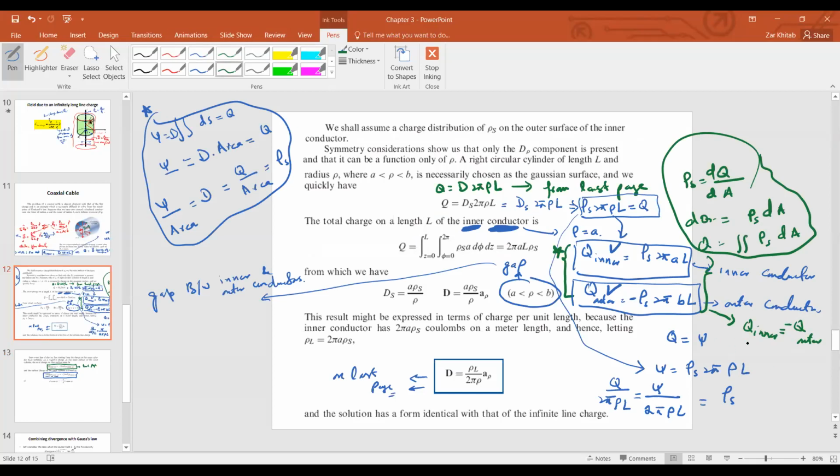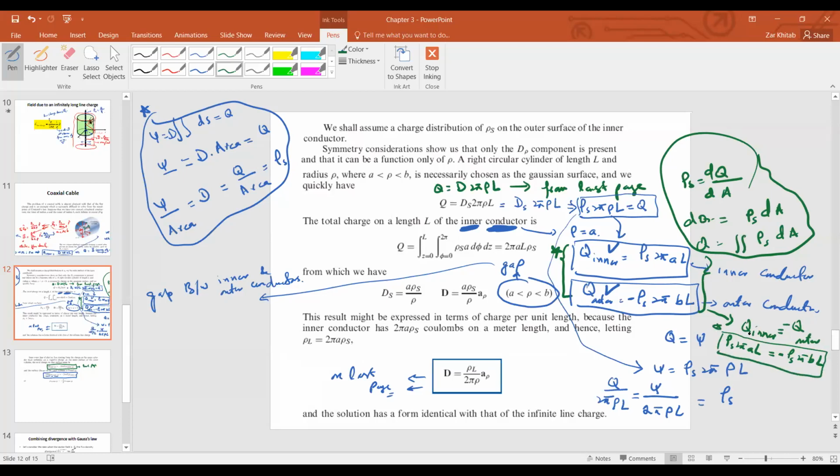That means that rho S 2 pi A L equals minus rho S 2 pi B into L. So this is the equation, because charge is the same but just with the opposite sign. That's the only difference. Charge is the same but just with a negative symbol.